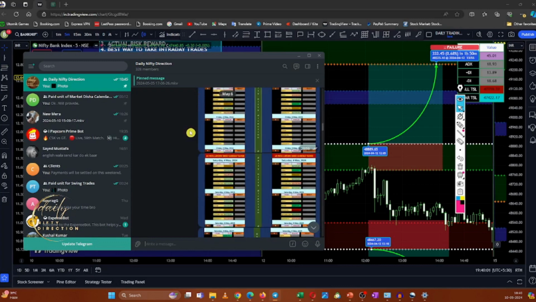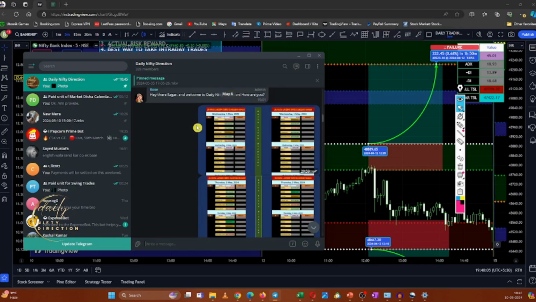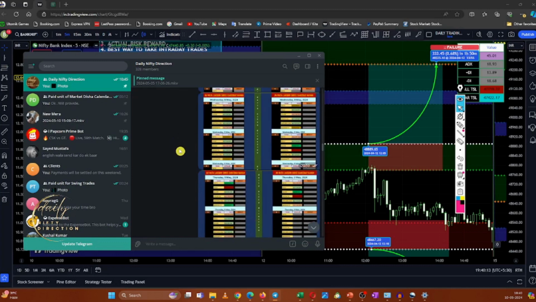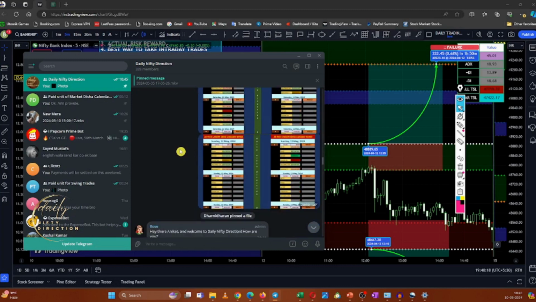And this direction is provided before the market happens, or rather we can say it is provided one day earlier, even a month earlier.